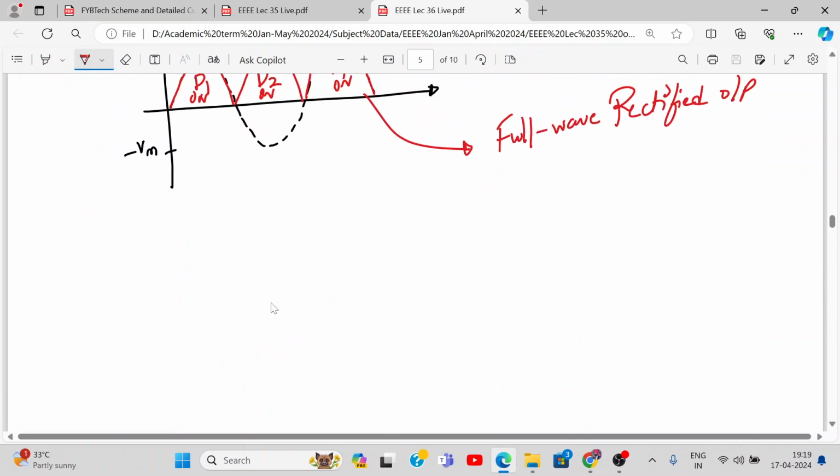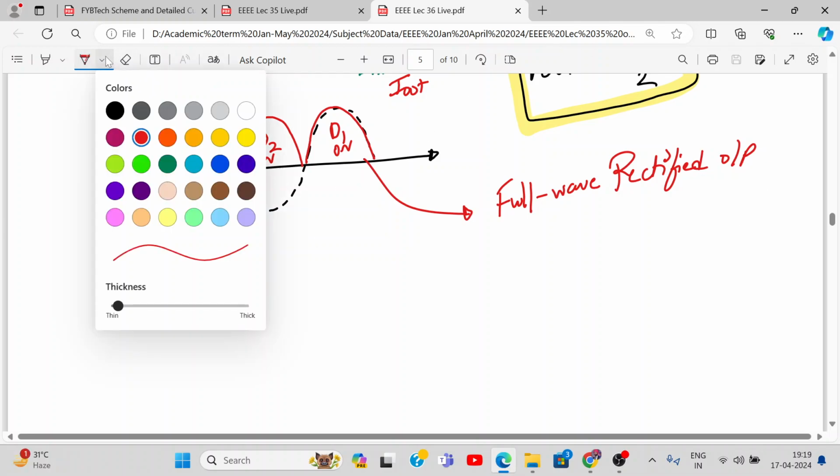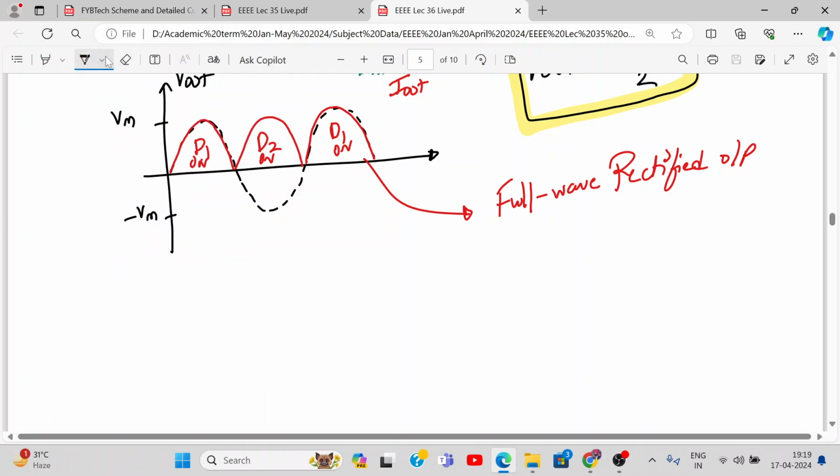Before going there, let's clarify one thing. Let me connect my writing pad again. Vout is equal to Vi by 2, if we write, let's consider this as Vm sin omega t.